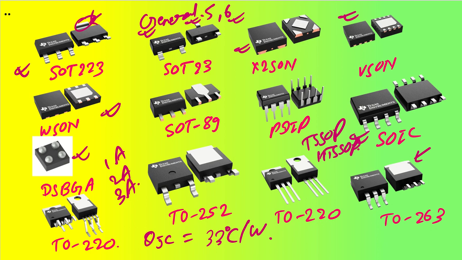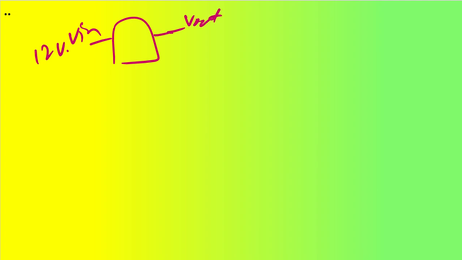Let me take a separate sheet. Let's say this is your V input and this is your V output. Let's say this is your 12 volt, and you are going to take 5 volt here. So the difference between these two is 7 volt, right? So 7 volt is the voltage drop across the device. Now suppose the output current you are going to take is 1 ampere.